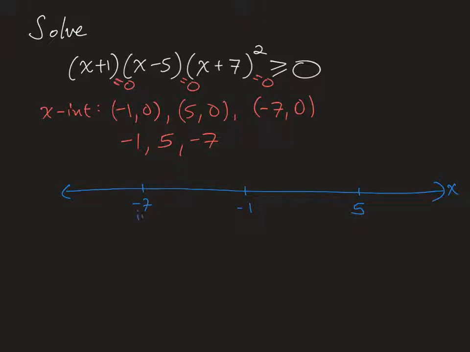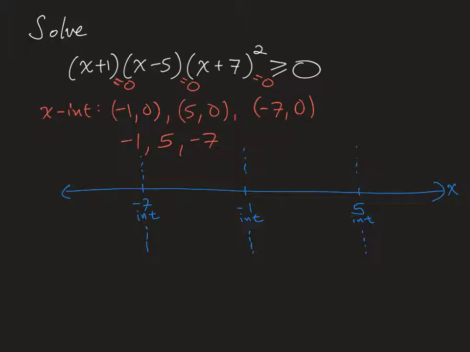So I'm just going to label this as an intercept, intercept, intercept, all right? You're only going to have vertical asymptotes if you have a rational inequality. And like I said, each of these x-axis characteristics, when you plot them on this number line, will divide the number line, or the x-axis, into multiple intervals.